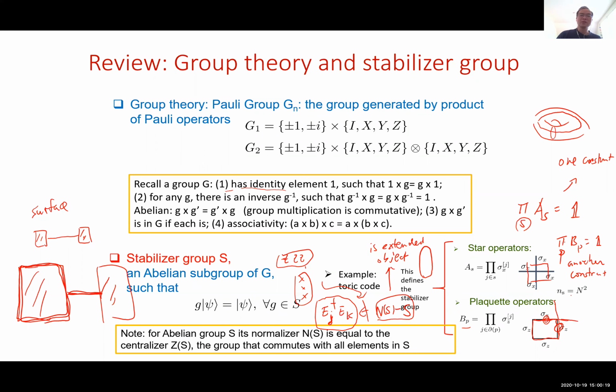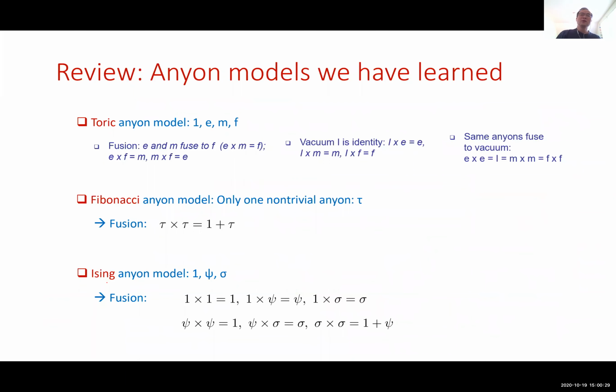So the bigger the better. But that also means the fewer number of qubits you can get. So there's some trade-off. And we also mentioned a few anyon models. For the toric code, there are four anyons.